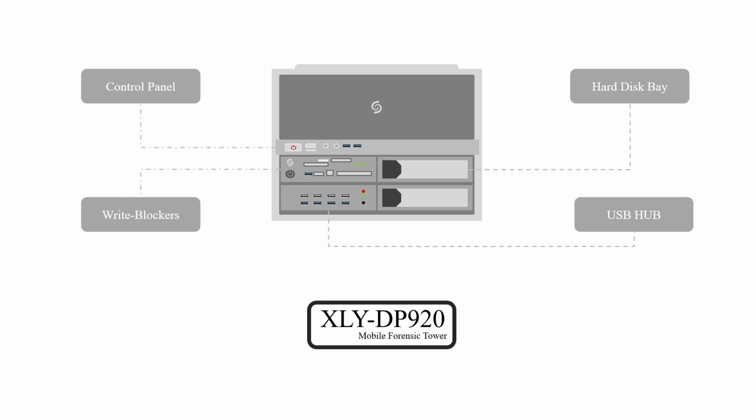Besides all that, we also integrated a 2-slot hard disk bay on the front panel, providing great convenience for big data transfer. So when your forensic tower's local drive is reaching capacity, you can easily plug in 1 or 2 hard drives in the slots and transfer the data to clear your local storage.